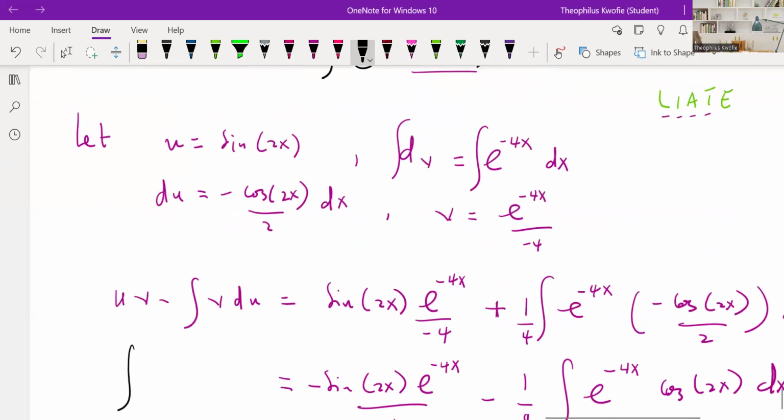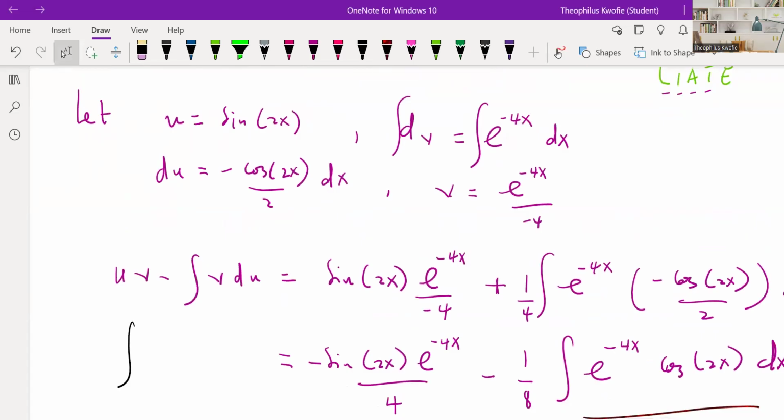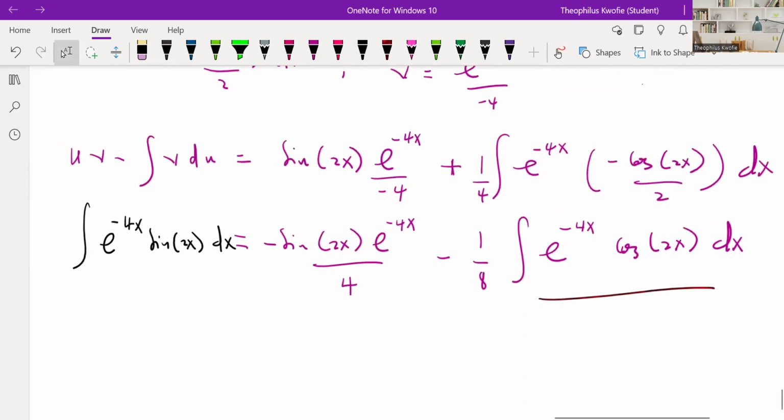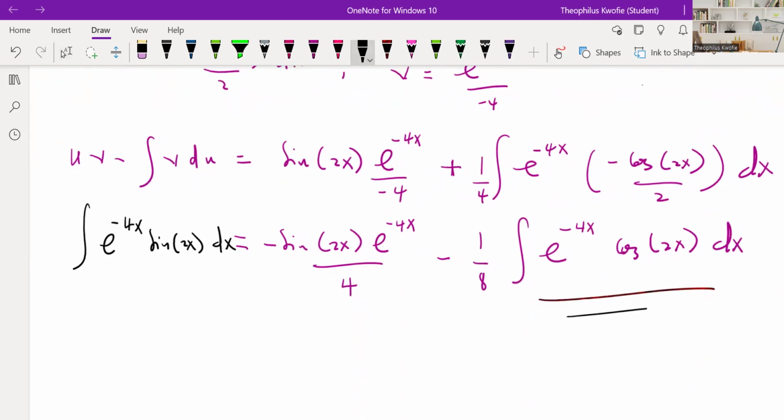So let me write the main problem: e to the power minus 4x sine of 2x dx, okay? It's almost as if when we redo that again, apply the integration by parts on this side, what will happen is that we're going to arrive at that. Then we can just separate them, and we get the problem solved.